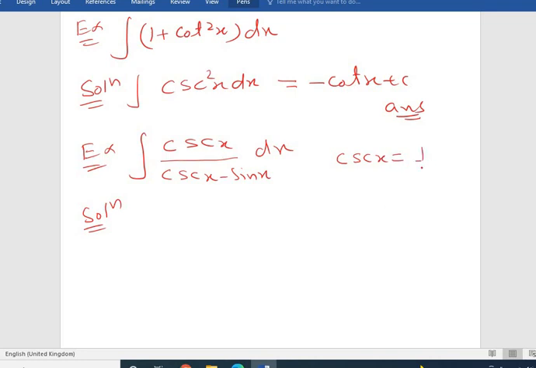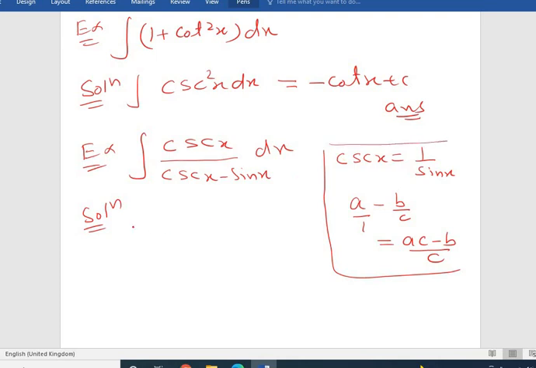CSC means we can write it 1 divided by sine. And if a minus b divided by c is given, then we can simplify it as a by c minus b by c. By using these two simplifications, I am going to write this one as CSC means 1 divided by sin x, all divided by 1 divided by sin x minus sin x.